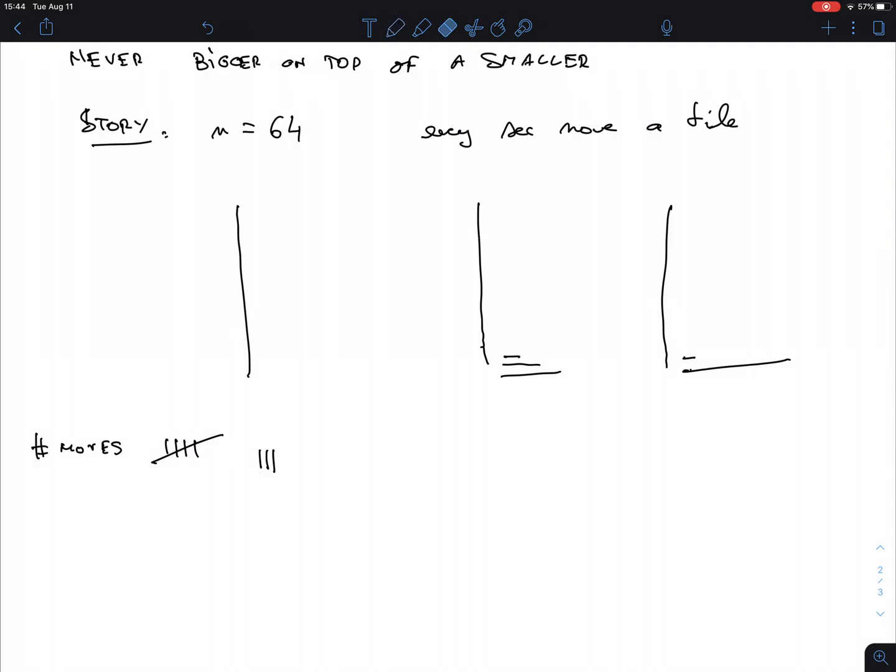So that's one move. I'm going to move the second one, this marked one, here, right? So now this is gone. And then the next thing I'm going to do is put this guy here, right?